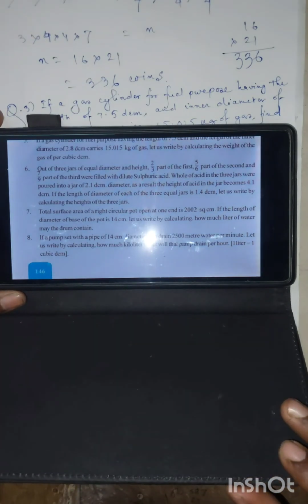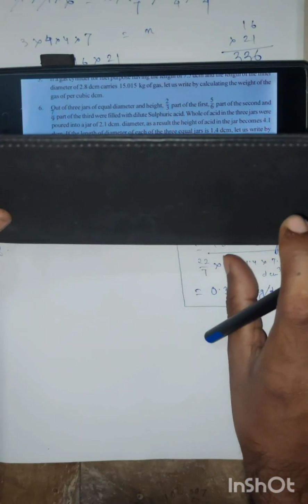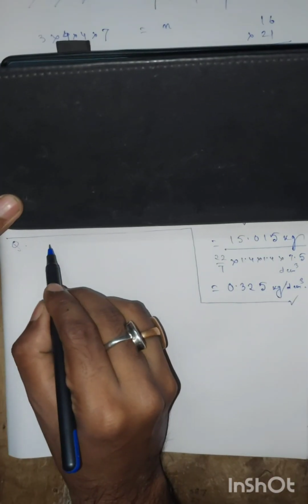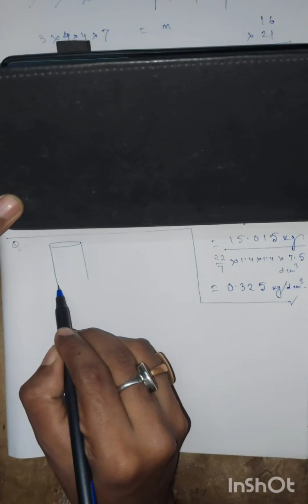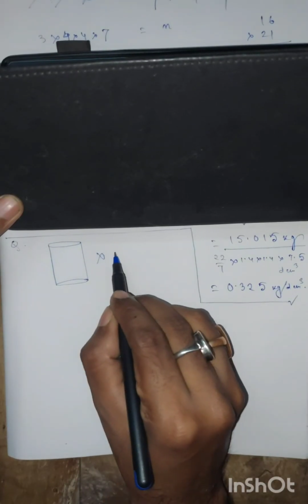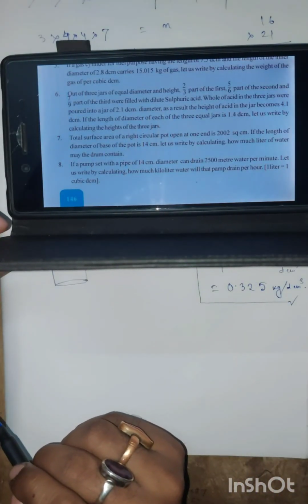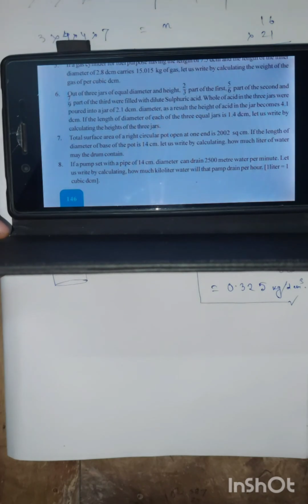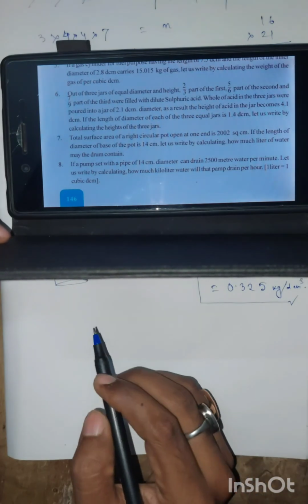So let us first draw it to understand it better. So these are our 3 equal jars. There is no need to draw it 3 times. We can simply multiply it by 3. It has same diameter and height.